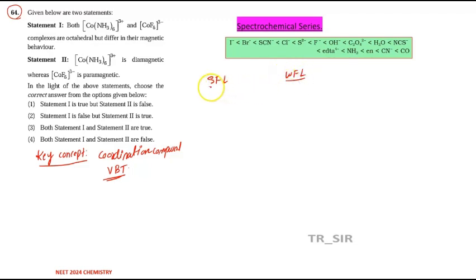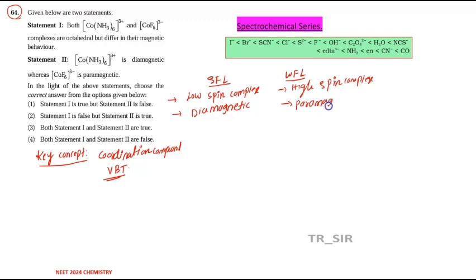A strong field ligand mostly gives a low spin complex, which means mostly diamagnetic species. A weak field ligand gives a high spin complex, and you will get paramagnetic nature.